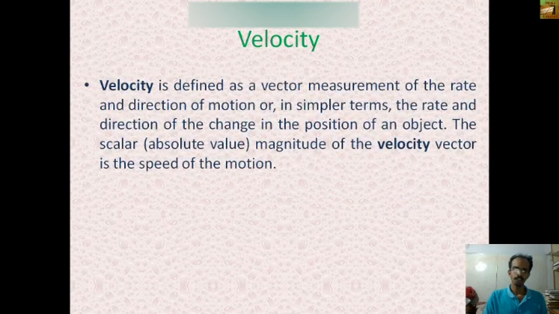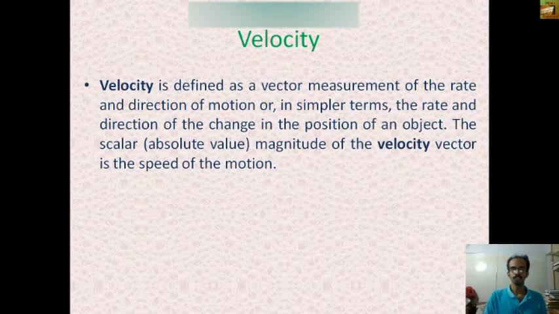Now velocity. Velocity is defined as a vector measurement of the rate and direction of motion, or in simpler terms, the rate and direction of the change in the position of an object. And as already mentioned, the scalar magnitude of the velocity vector is the speed of motion.